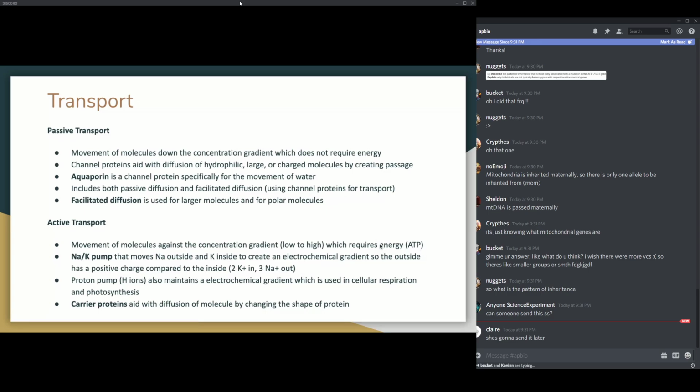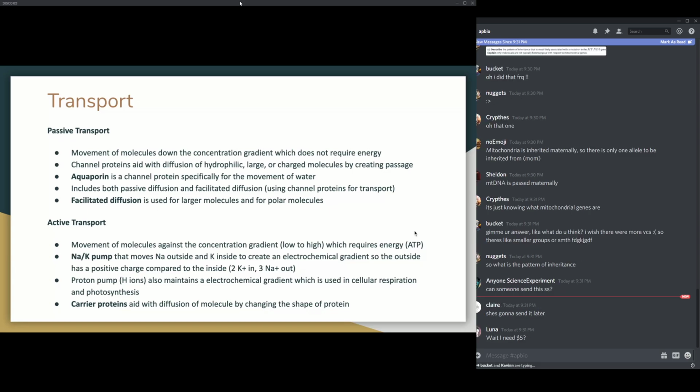By ion gradient, do you mean like in the electron transport chain for cellular respiration? Yeah, like that. That is a good example of not using ATP, and plants also have a lot of ways.